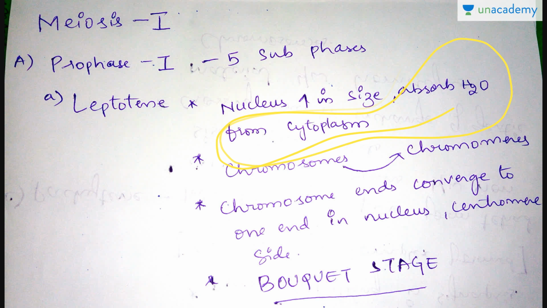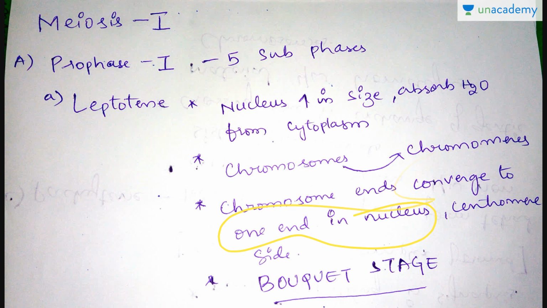As a result, the chromosomes are converted into chromomeres. The chromosome ends converge at one end of the nucleus and the centromeres lie by the side. This leads to the formation of the bouquet stage.